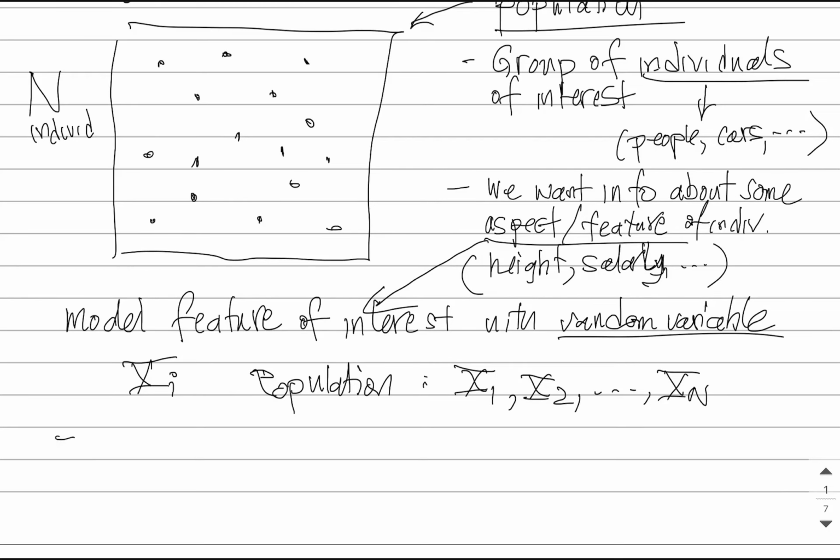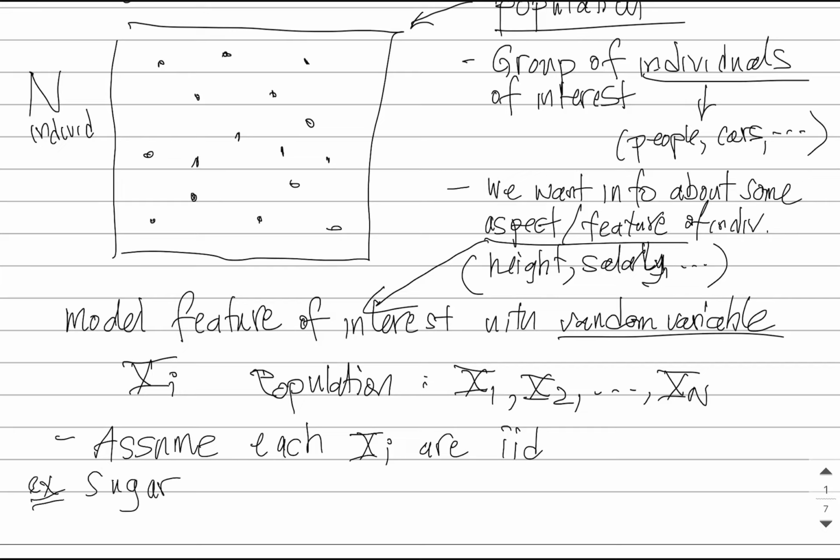We are also going to assume that the random variables are IID. They're independent and identically distributed. We don't need to make an assumption about what that distribution is yet, but we are going to assume that all of the random variables that we are studying are the same. Now, as an example of this, you could think of something that I talked about before.